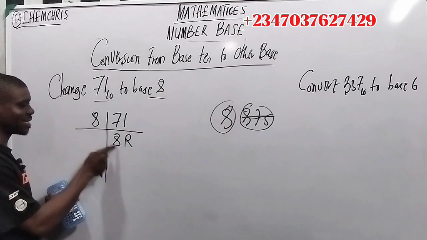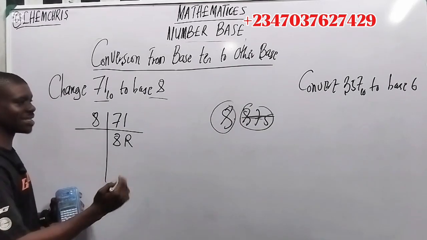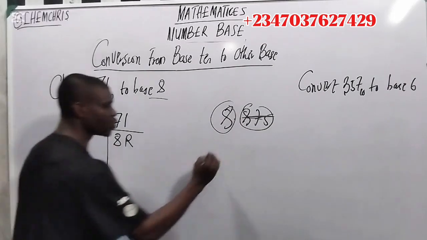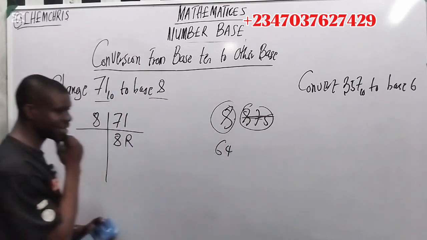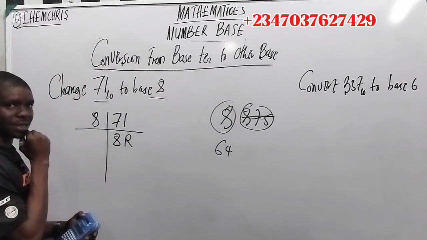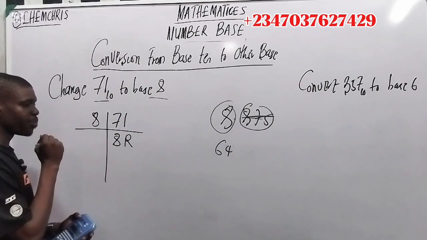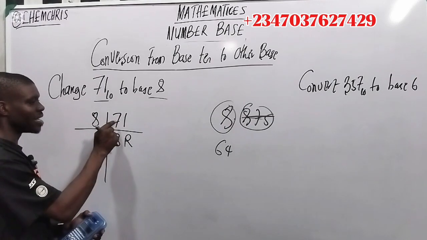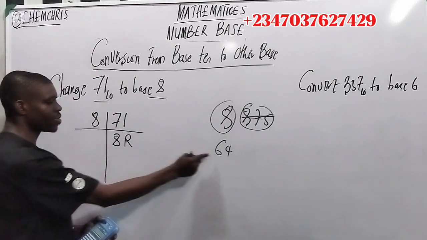Remember 8 times 8. What is 8 times 8? 8 times 8 is 64, right? Now, to get the remainder, it's going to be 71 minus 64.